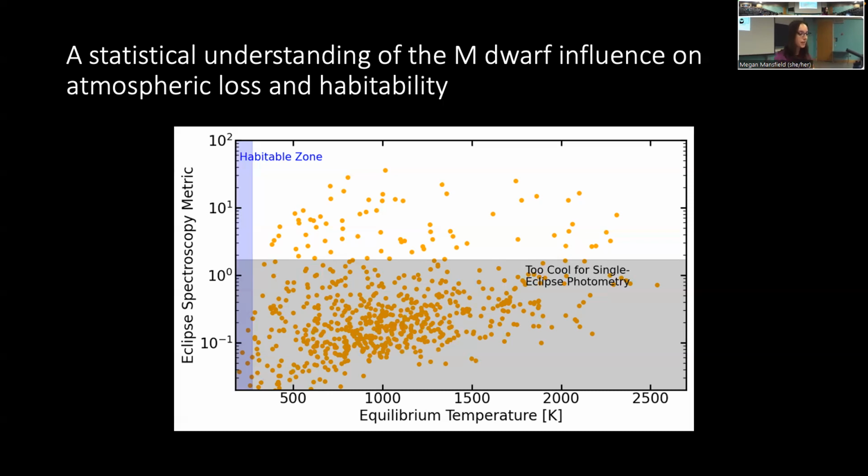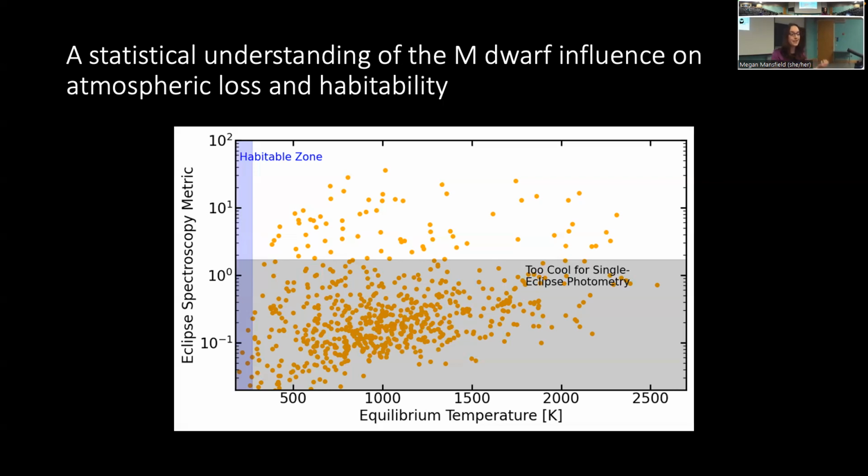So one more thing I want to point out while I'm on this slide is that I've highlighted the habitable zone as well in blue here. And something you may have noticed from earlier is that I said that it only works well for planets that are interior to that runaway greenhouse limit, so that they're hot enough that they can't have water-rich surfaces. So by definition, the inner edge of the habitable zone is the runaway greenhouse limit.